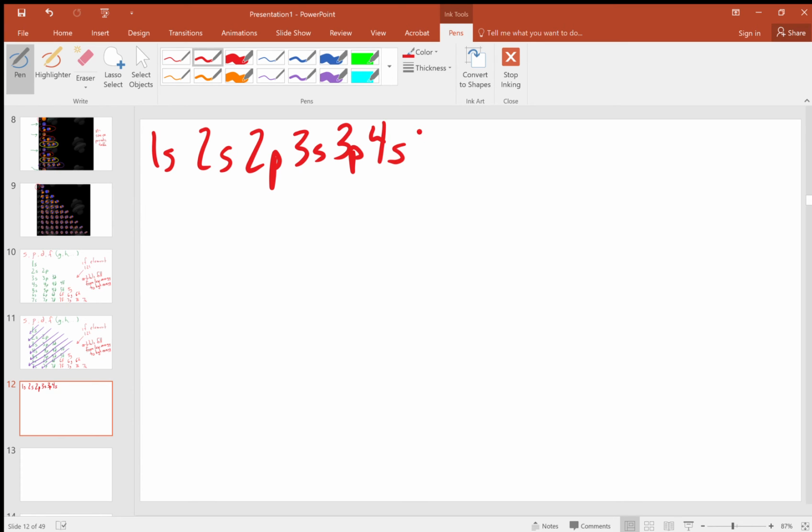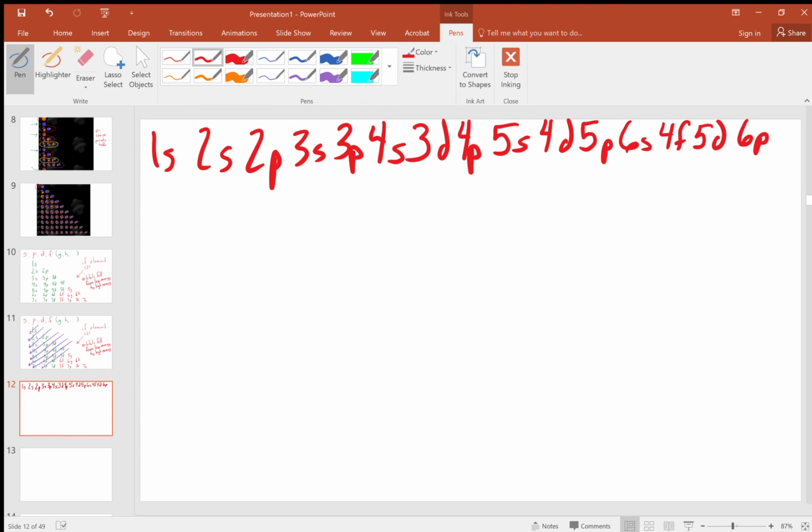Instead, 4s comes next, then 3d, then 4p, 5s, 4d, 5p, then 6s, 4f, 5d, 6p, and then 7s, 5f, 6d, and 7p.